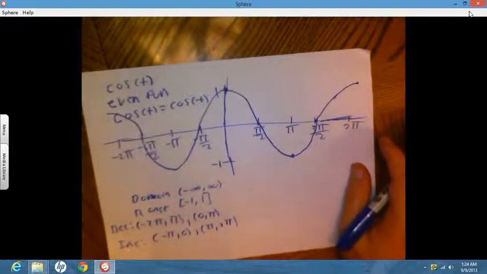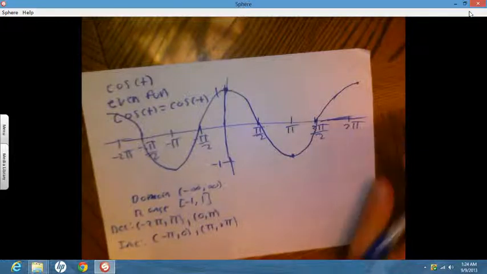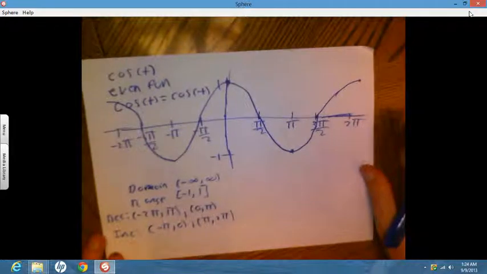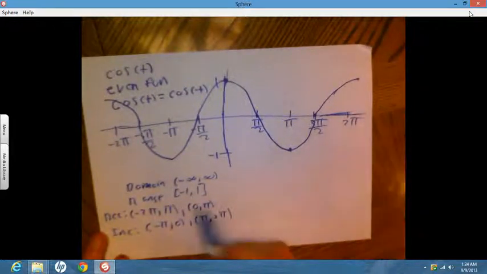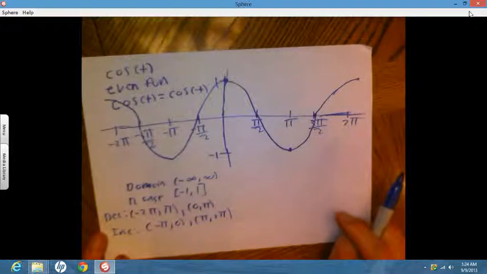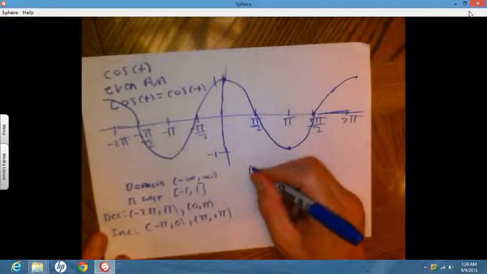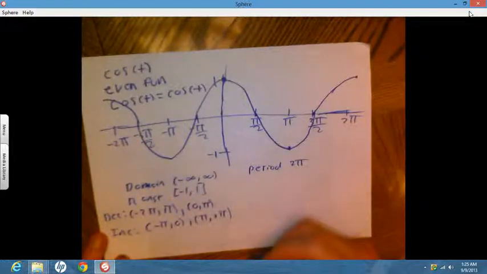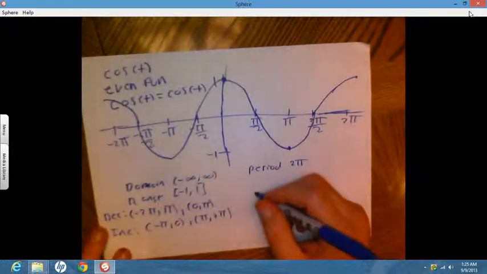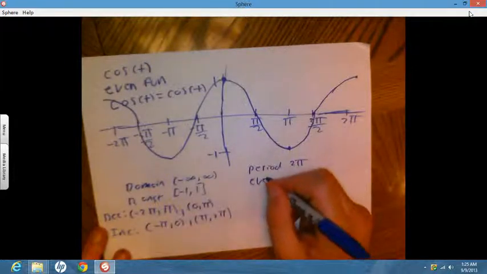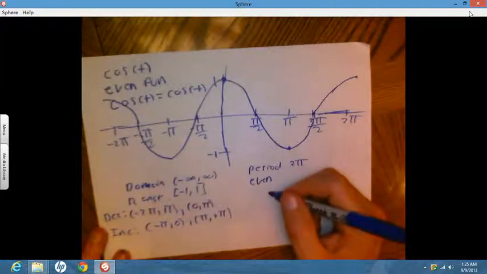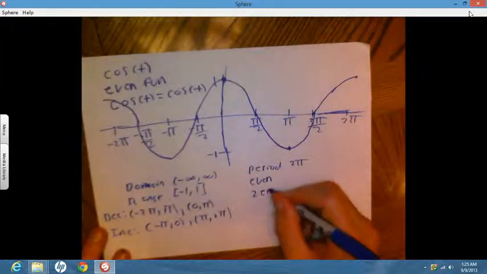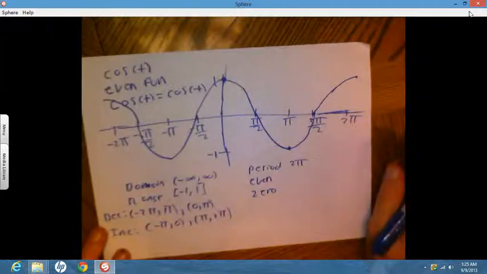Okay. So we have that, and we said that the period was 2 pi. And what else did we have? It's an even function. And the zeros are going to occur at odd multiples, so it's going to occur at 2k plus 1 times pi over 2, where k is any integer.